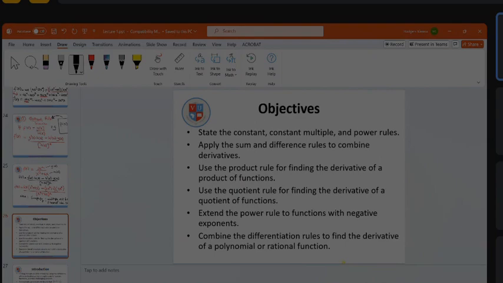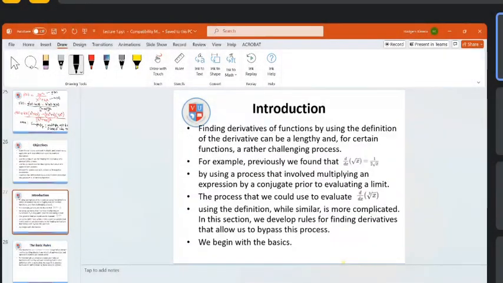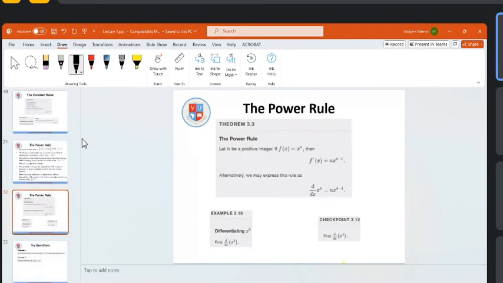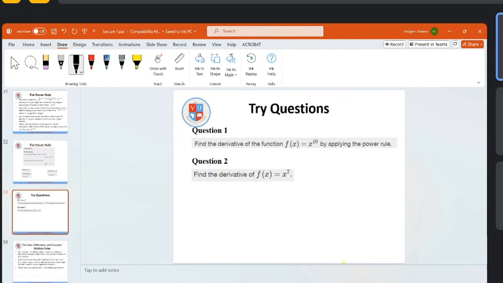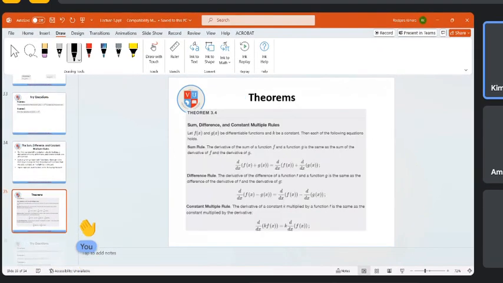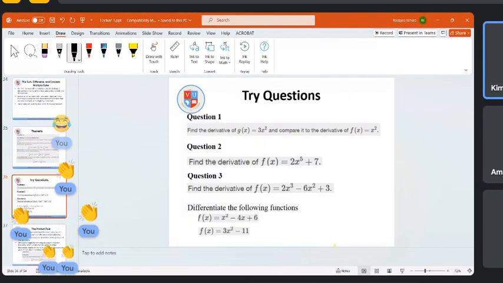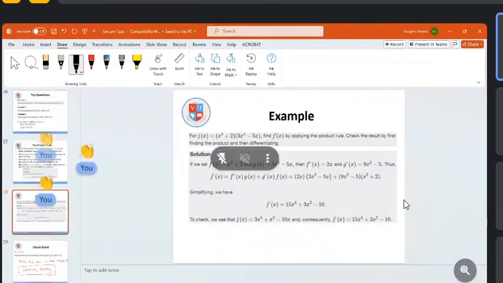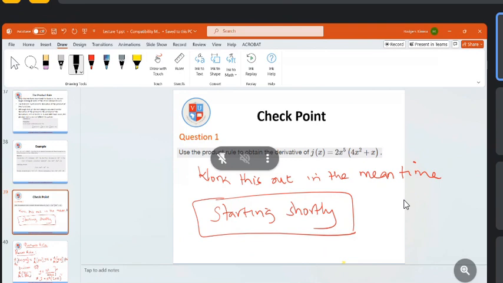I don't think I need to go through reading this. It bores me a lot, reading for you, finding a derivative and so on. Everything I've touched is here. I know the power rule, there is an example there. Sum and difference, constant multiple. Try these questions. Product rule, example.